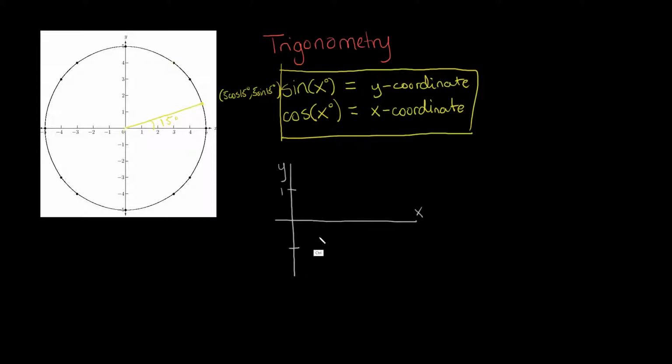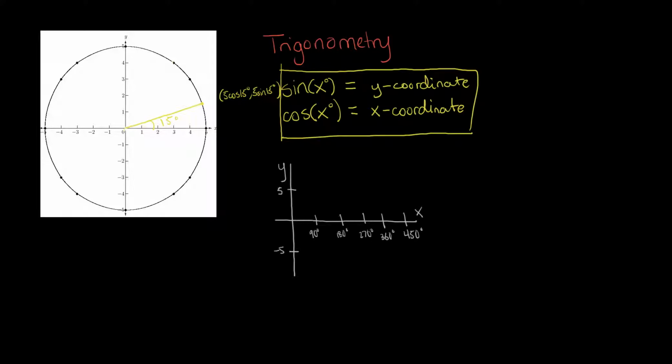Because we're doing a circle of radius 5, let's say this is 5, this is -5, and here let's mark out some points: 90 degrees, 180 degrees, 270 degrees, 360 degrees, and 450 degrees. You could, in theory, continue this on and on.